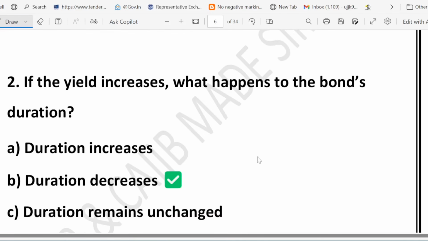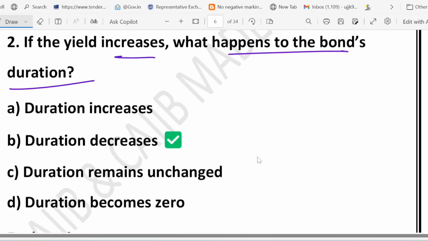Now friends, let's look at the second part of this particular question. The question is, if yield increases, what happens to the bond duration? Very good question. Duration increases, duration decreases, duration remains unchanged, and duration becomes 0. First of all, let's understand the meaning of duration in simple words. I told you that duration is a kind of average time.